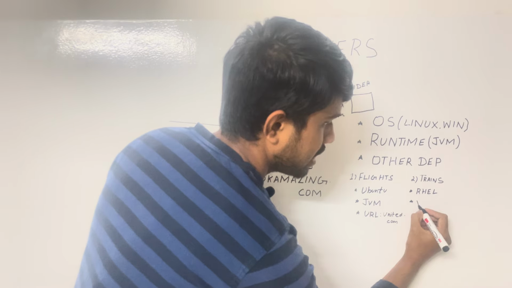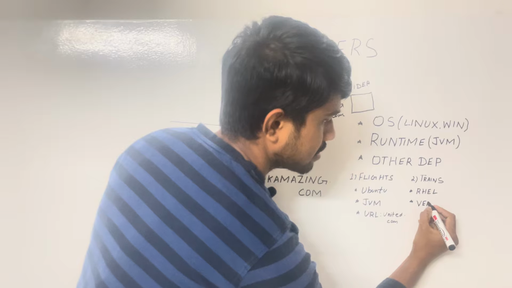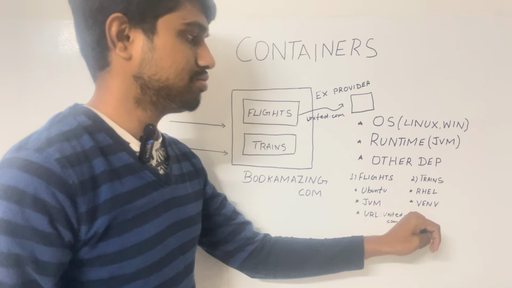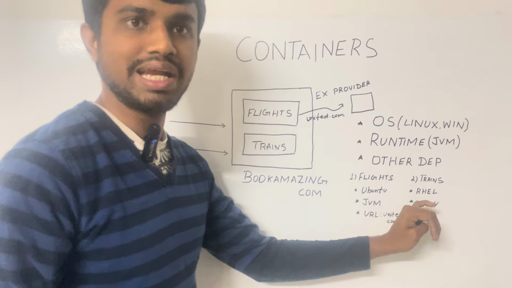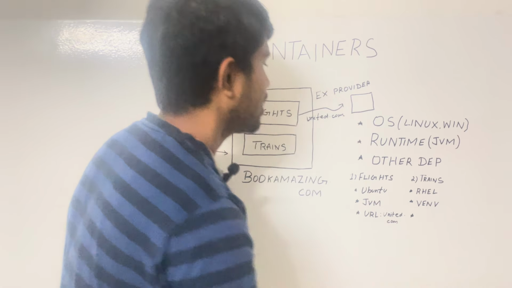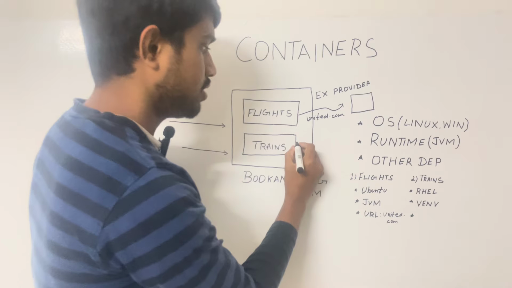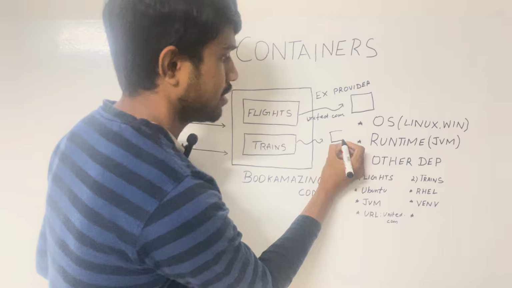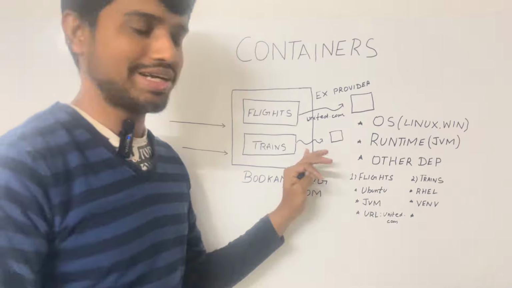So they will need a virtual environment. A virtual environment is used to conveniently run Python code, right? And the external URL is not united.com anymore. What are the train providers there?